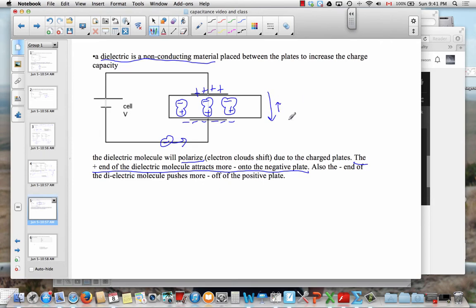So the dielectric also reduces the electric field. So it does a couple of things. By polarizing, the dielectric enables us to store more charge. By polarizing, it also reduces the electric field inside the capacitor.